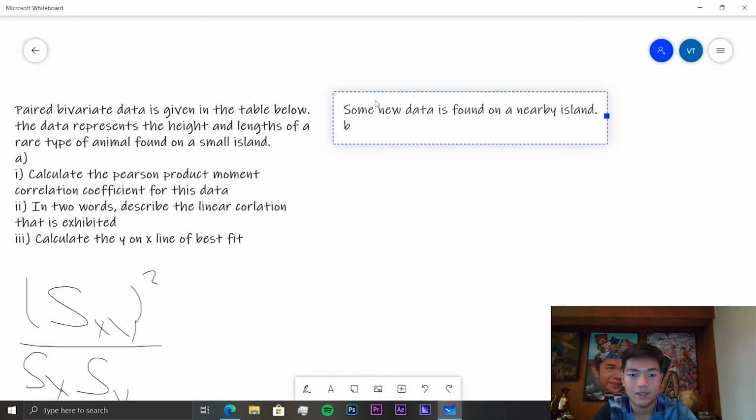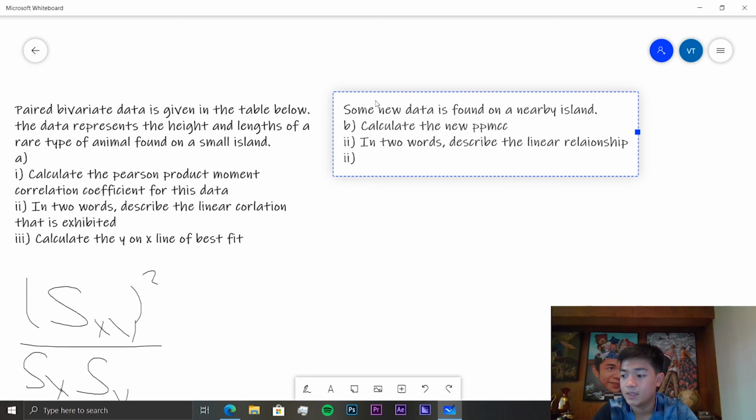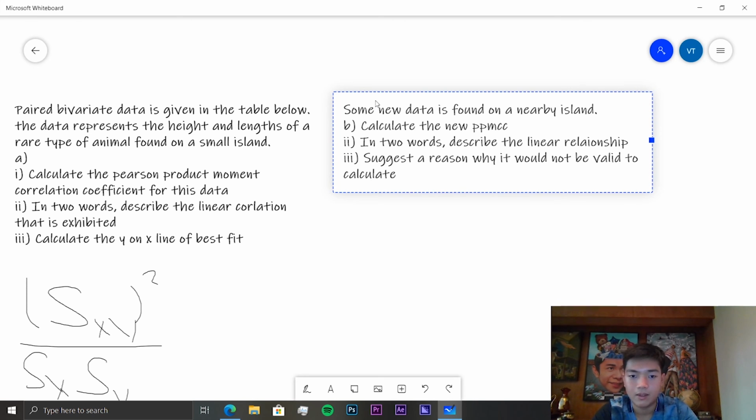And first, we need to calculate the new PPMCC, which I will just use a graph to do at this point. In 2 words, describe the linear relationship and suggest a reason why it would not be valid to calculate the regression line for the combined data.